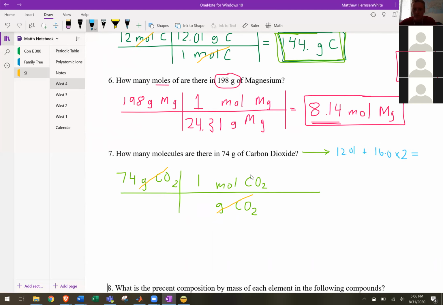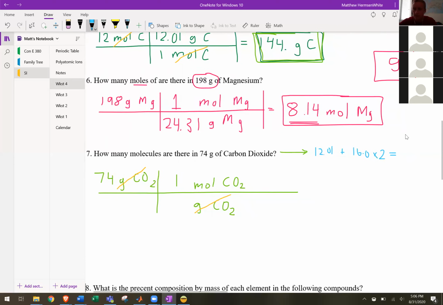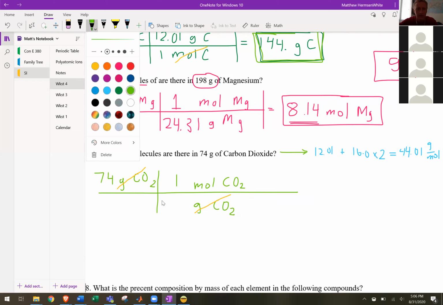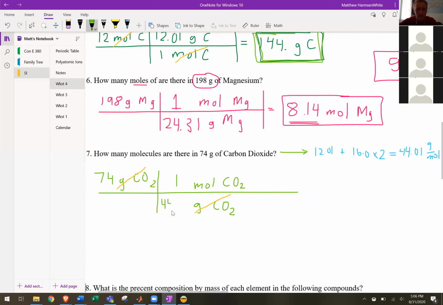So we have 1 carbon, which is 12, plus 2 oxygens, each with a mass of 16. And this will give us a molar mass of 44.01 grams per mole. So we're going to put the molar mass of carbon dioxide right down here, 44.01 grams.